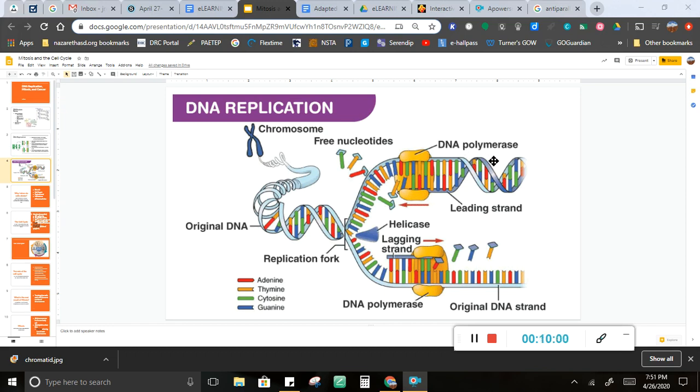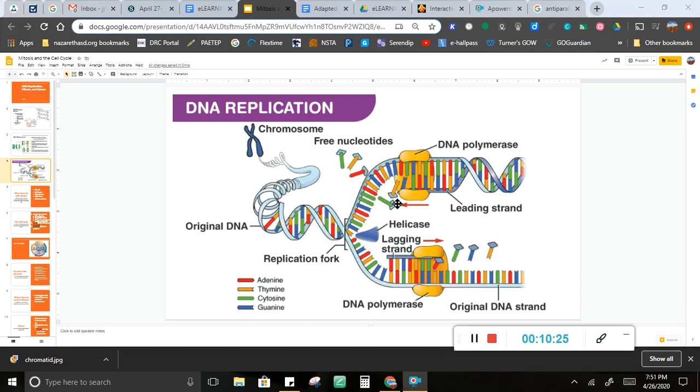So DNA polymerase can only add nucleotides in a 5' to 3' direction. That means that the 3' to 5' original DNA becomes what is called the leading strand. And the leading strand is the strand of newly synthesized DNA that is built continuously.